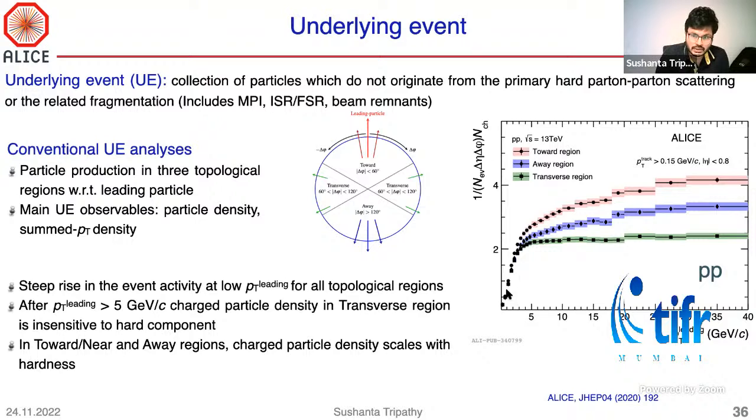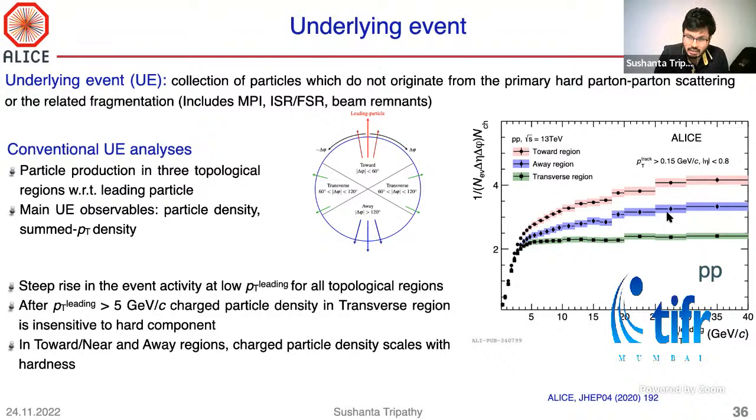As you can see, there is a steep rise in the event activity for all topological regions as a function of pT leading. But after pT leading greater than 5, the charged particle density in the transverse region remains almost insensitive to the hard component. With the increase in pT leading, in both the toward and away regions the charged particle density scales with the hardness.